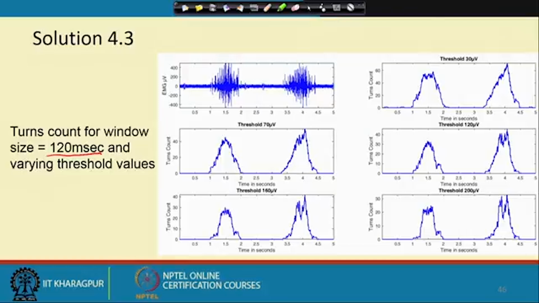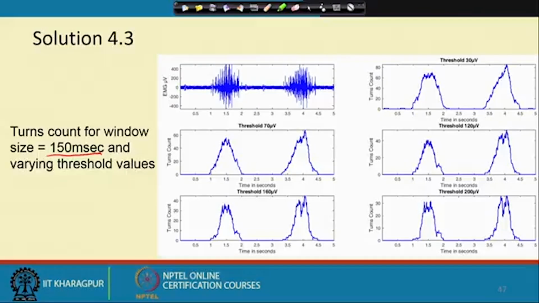In fact, we can say that instead of going for 30 millivolt, we can go for the 70 millivolt threshold also, because we are not getting any output when the signal is not present. The spurious outputs are suppressed, and it is keeping the shape pretty intact.